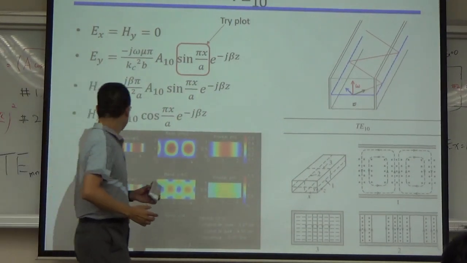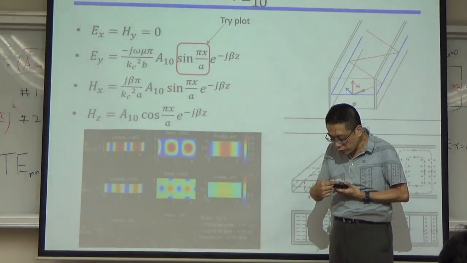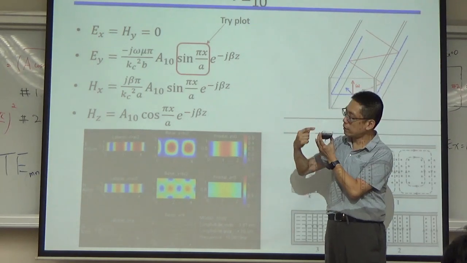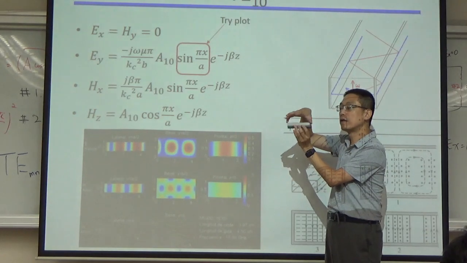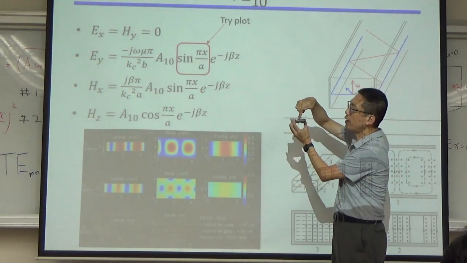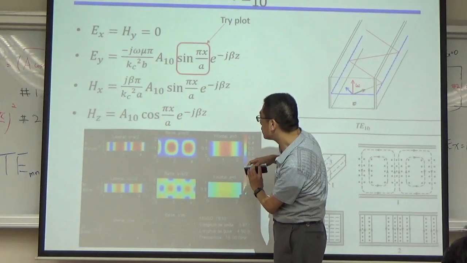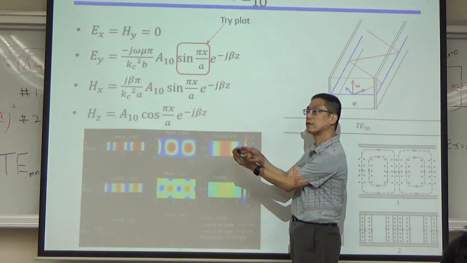You can see, if this is a cross section of the waveguide, this is A, and this is B. A is the longer one.